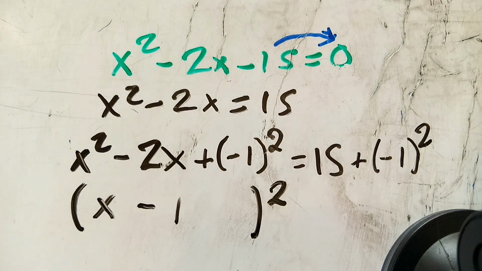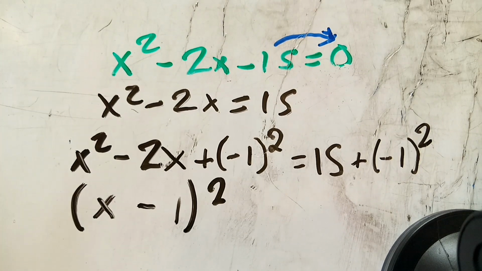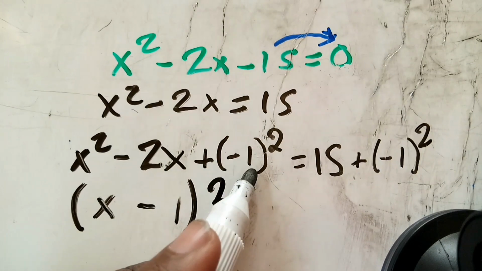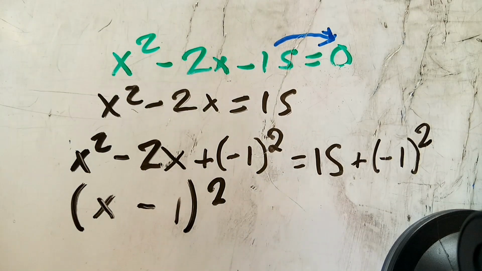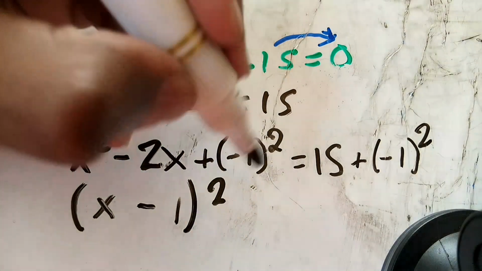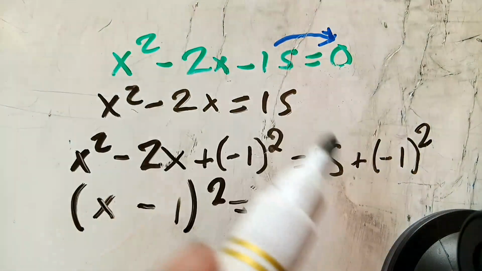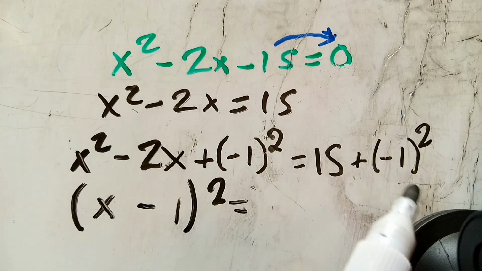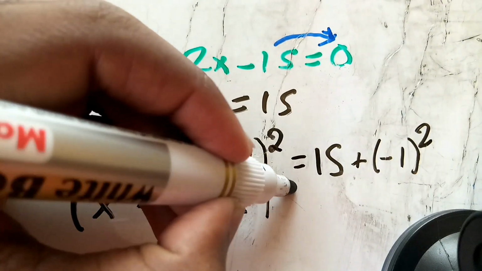We get x, this sign, and the number over there. We don't get negative 1, we get 1. Then we get the square and put it outside. Then we say equals. Then we can simply solve this. Negative 1 squared is 1. So 15 plus 1 is 16.